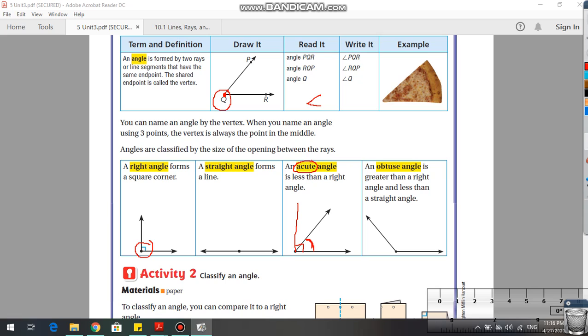And the last type that we have is an obtuse angle. An obtuse angle is like a stomach, a big tummy. It's always hungry and it's always big. And actually, it's greater than the right angle. If I have a right angle here, an obtuse angle is greater than the right angle.